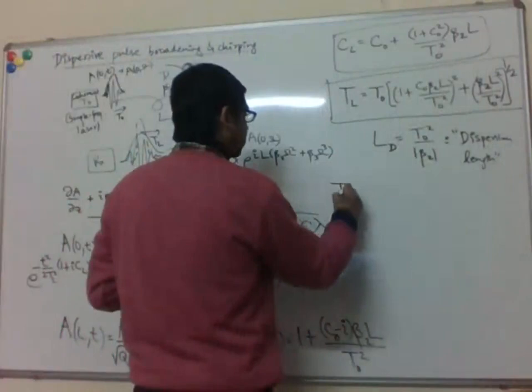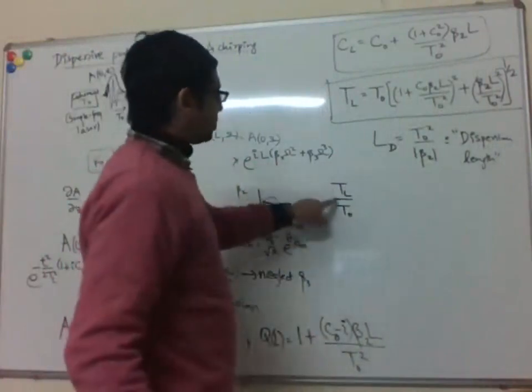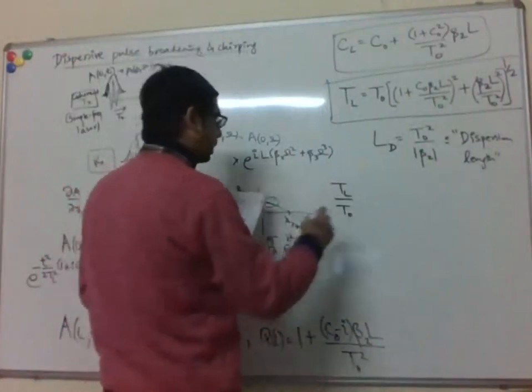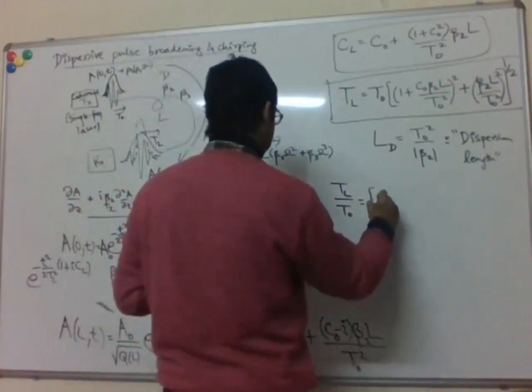So I can also write the fraction by which the pulse has broadened, the output pulse width divided by the input pulse width. So this is the broadening factor. It depends on the dispersion length, right?